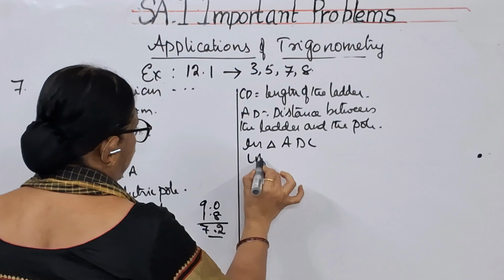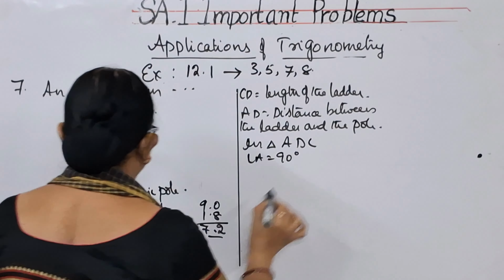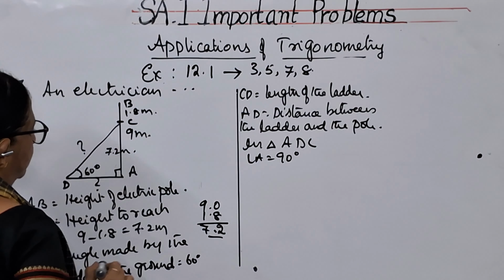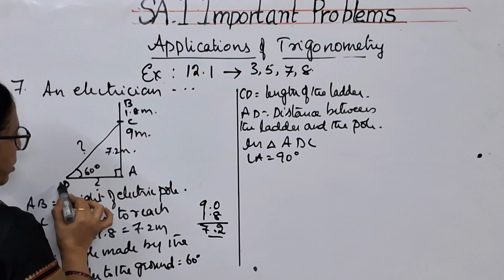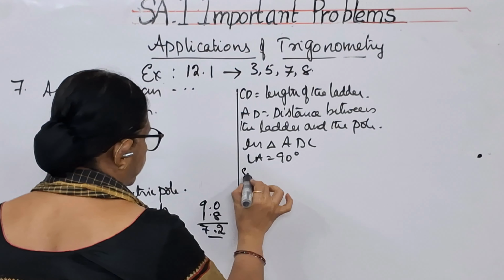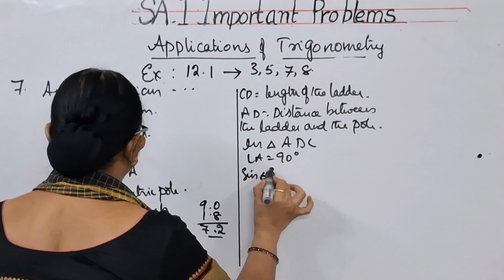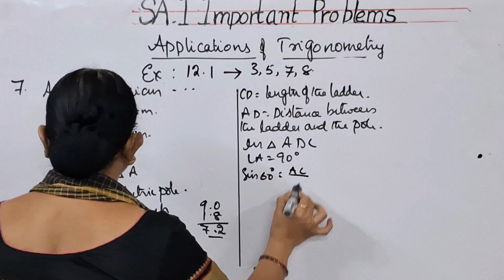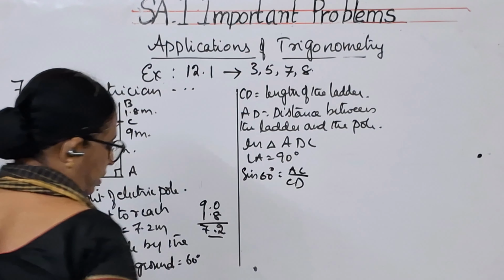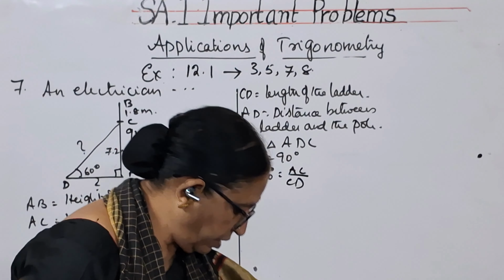Now, in triangle ADC, angle A is 90 degrees. So, for 60 degrees, this is opposite side by hypotenuse. So, sin 60 degrees is equal to AC by CD. What is sin 60 degrees?